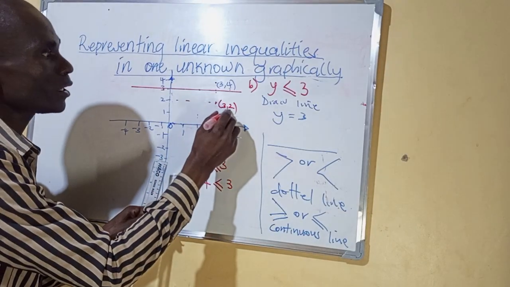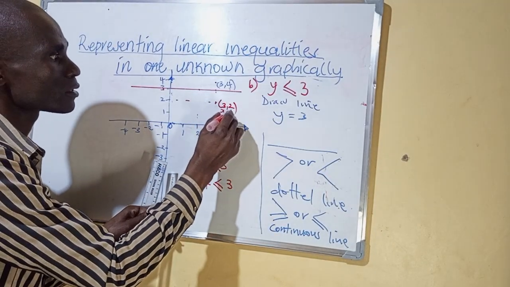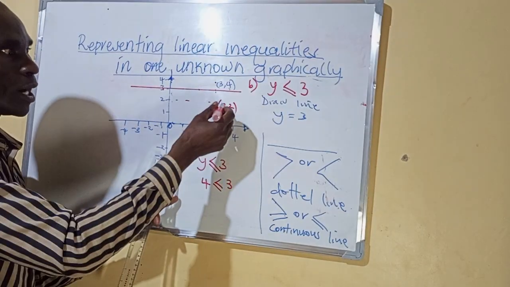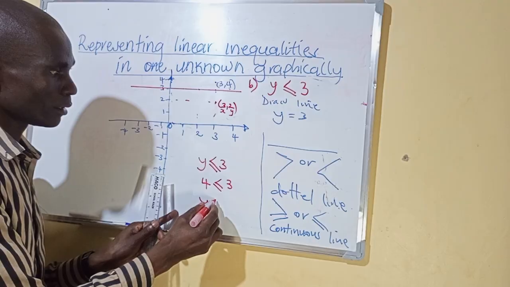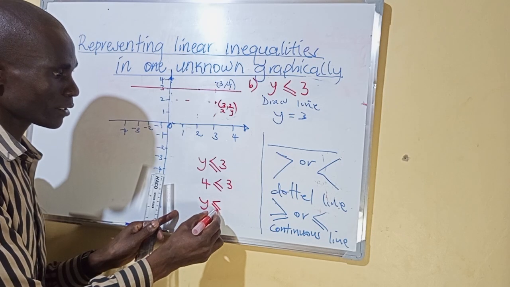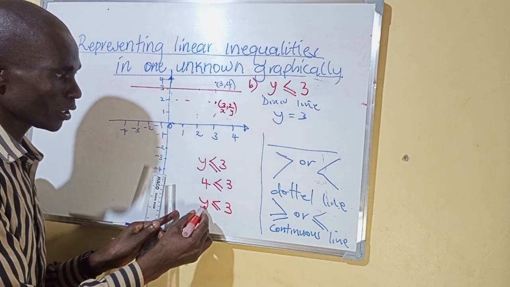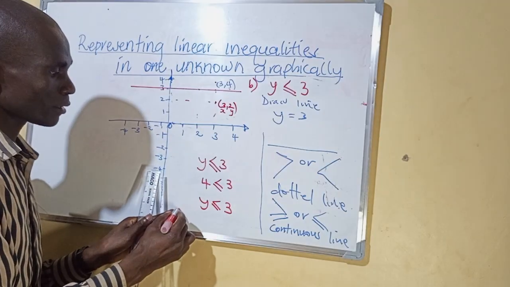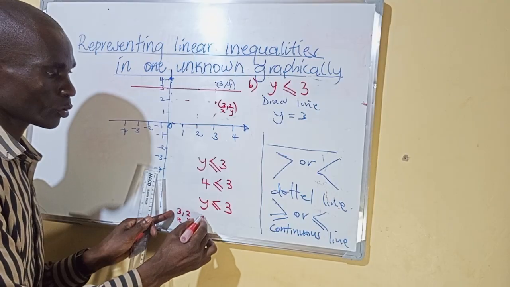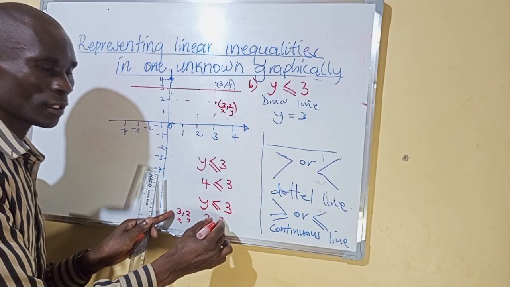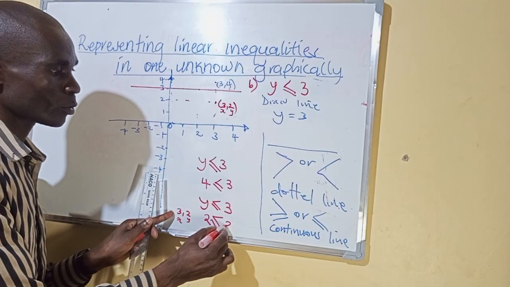The value of y here, this is x, this is y. So our y is 2. Then we say y is less than or equals to 3. So here we replace. We have 3, 2. This is our y, this is our x. So we are saying 2 is less than or equals to 3.